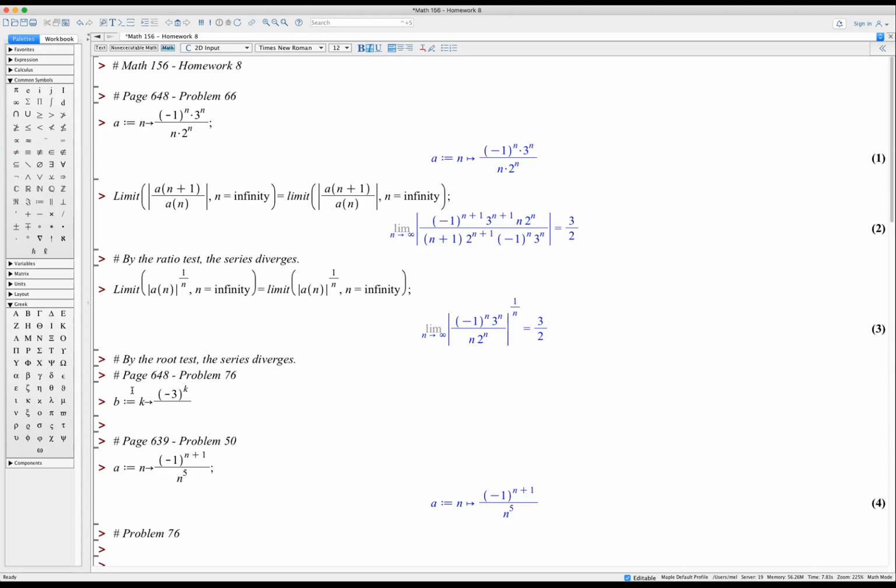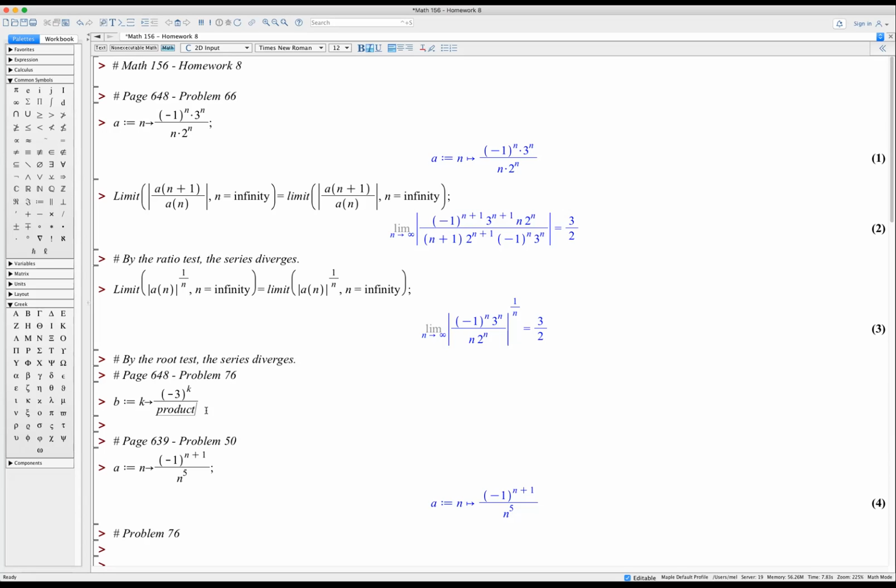So let's see. Let me just double check. I forget whether product is spelled with a UCK or not. PROD. Product. Yep, good.